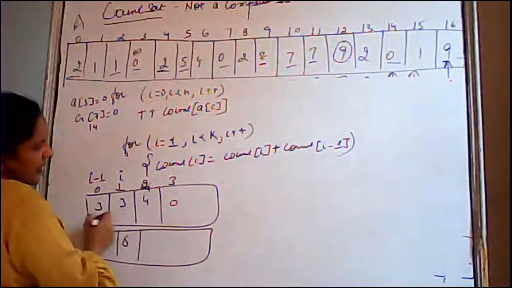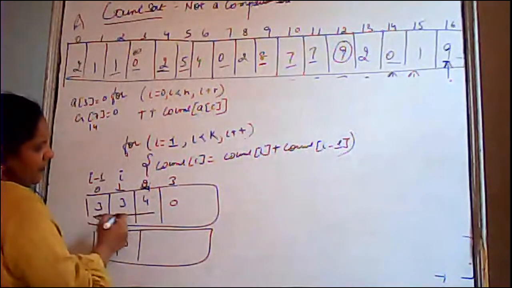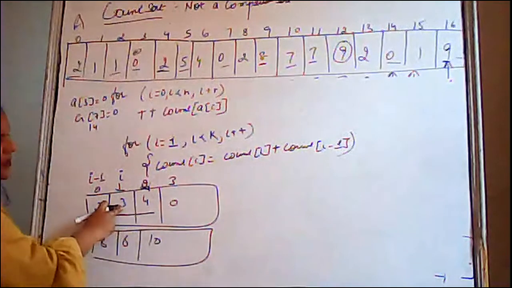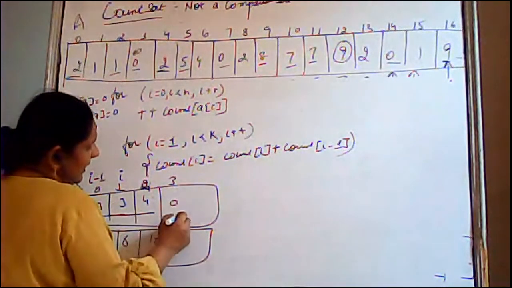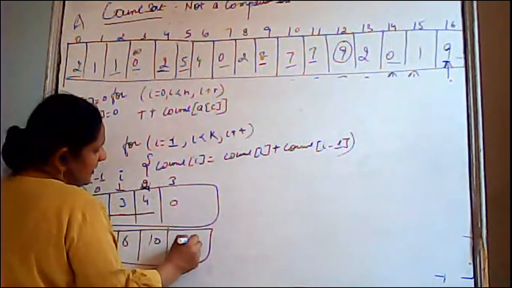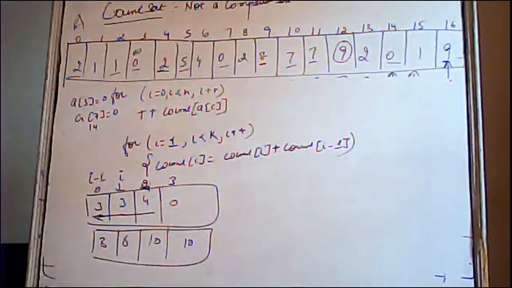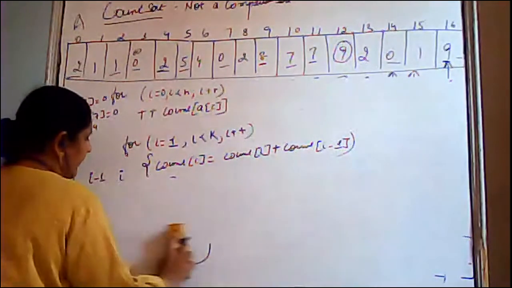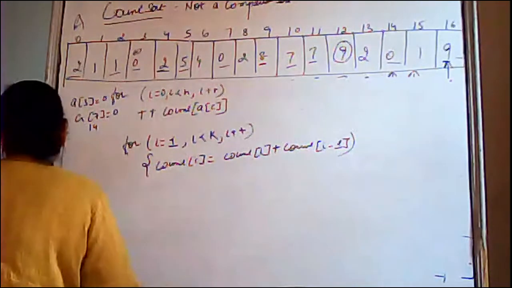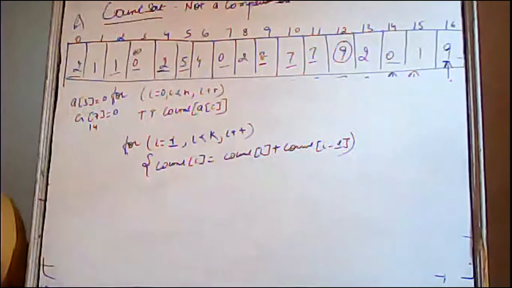Now this is I, and this will be the sum of the previous numbers, so 3 plus 4 plus 6 is 10. Then this is I, and 10 plus 0 is 10. So this is how count of I plus count of I minus 1 works, and the range is between 1 to k. This is how it is going.